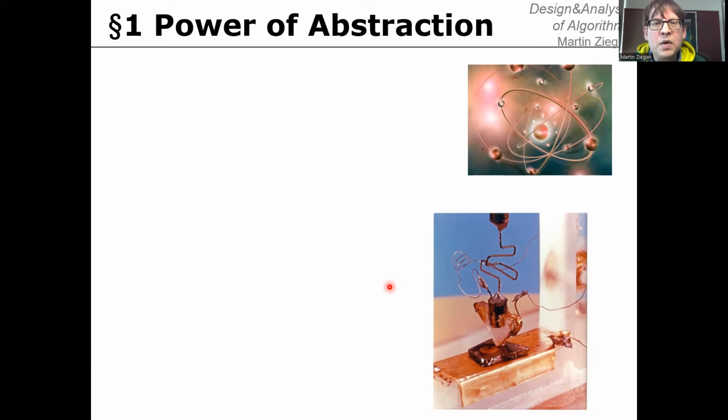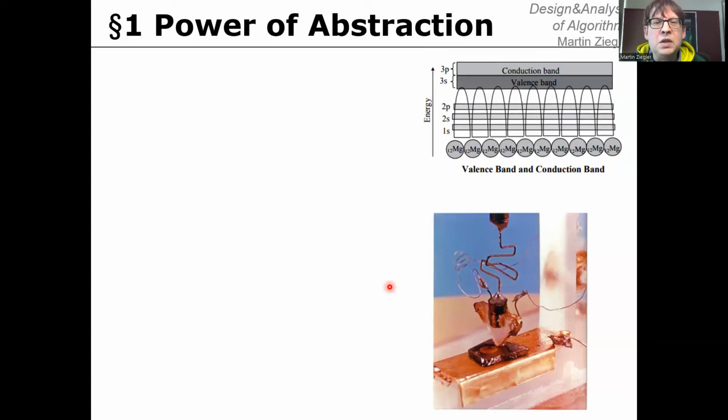Here you see quantum mechanics of one atom with its electrons, but actually this is a semiconductor, which means it's a solid state object combined of literally billions of atoms. So this is a many body quantum system with billions of quantum systems.